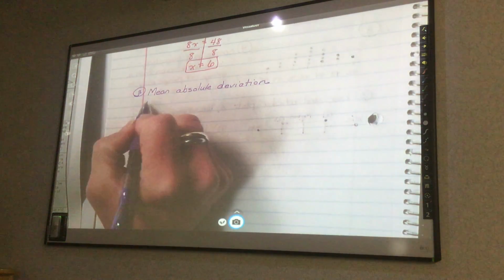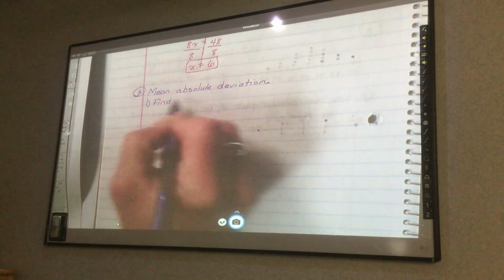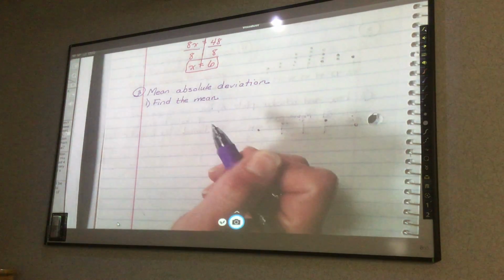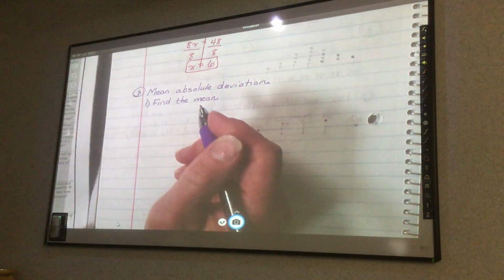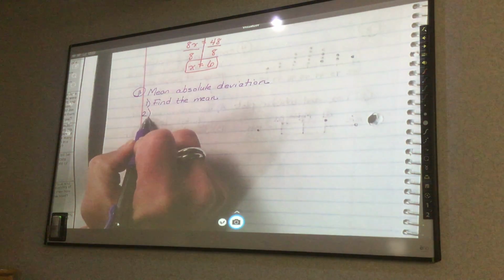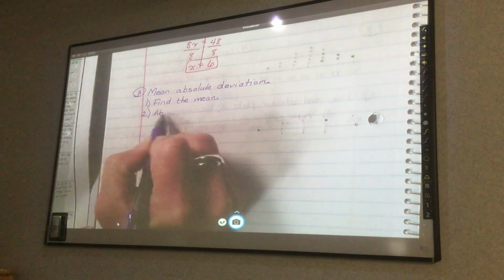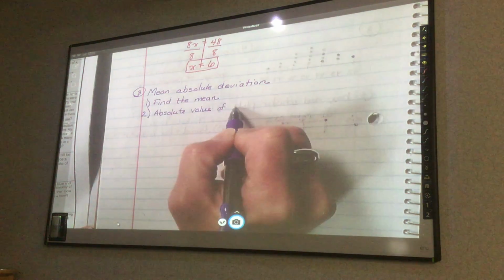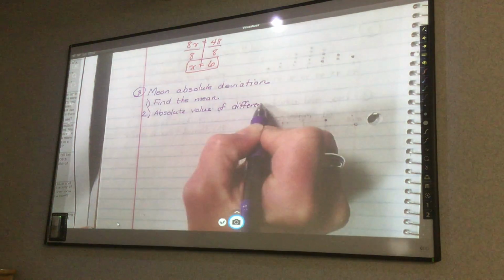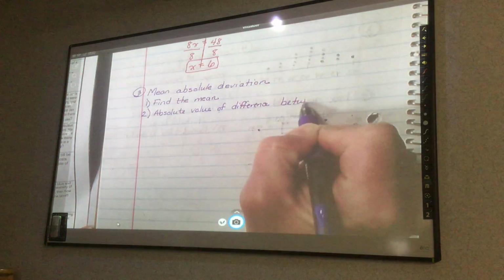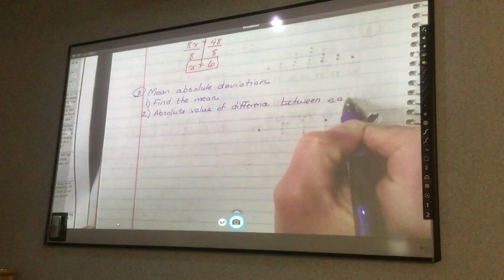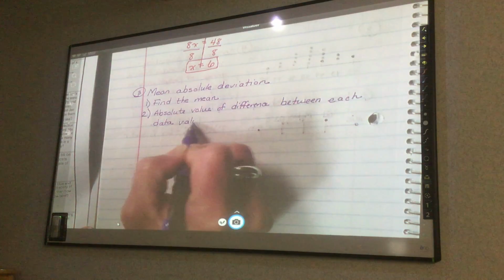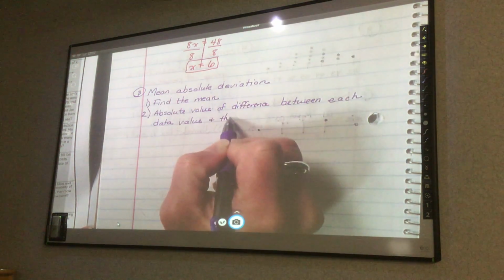So step 1 is just to find the mean. Step 2 is to find the absolute value of difference between each data value and the mean.